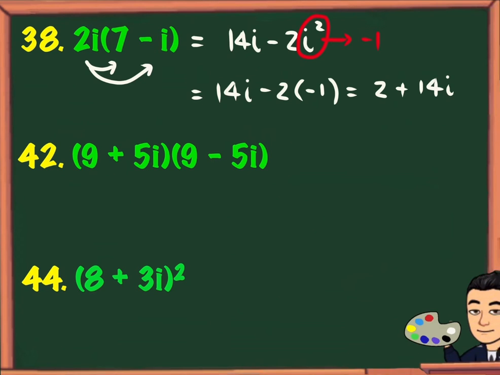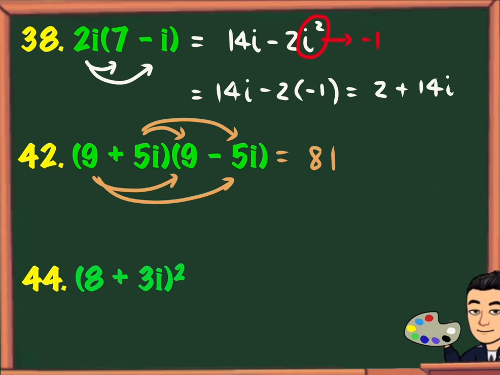For number 42, we're going to FOIL this. So we're going to distribute the 9, and we're going to distribute the 5i. So this is going to give you 81 subtract 25i squared. So i squared turns into -1.